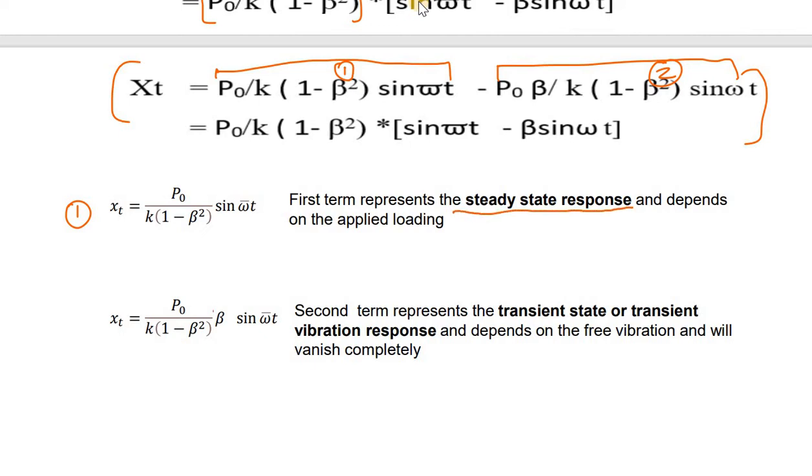This is a very important thing. So this final x of t consists of two terms. The first term is the steady state response. In the second term, the only change is a beta term. That is known as the transient stage or transient vibration response, and it depends upon the free vibration and will vanish completely. I will explain that.